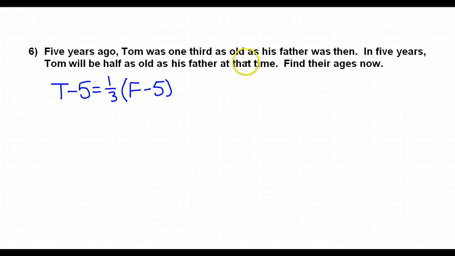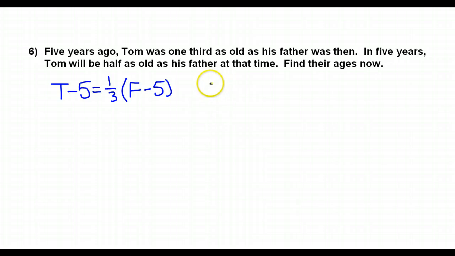Well, if 5 years ago Tom was 1/3 as old as his father was then, say Tom is T and his father is F, then T minus 5 would be Tom's age 5 years ago, and F minus 5 would be his father's age 5 years ago. Okay, makes a lot of sense.